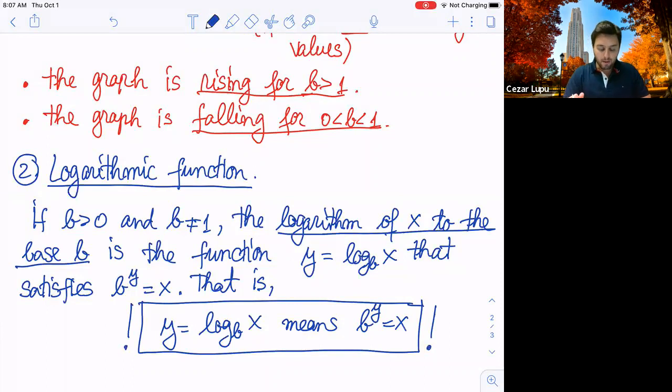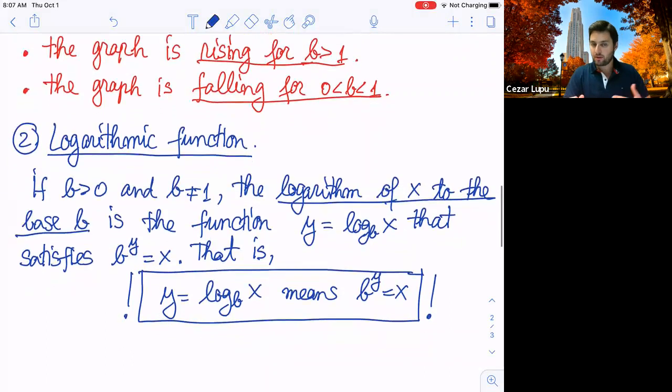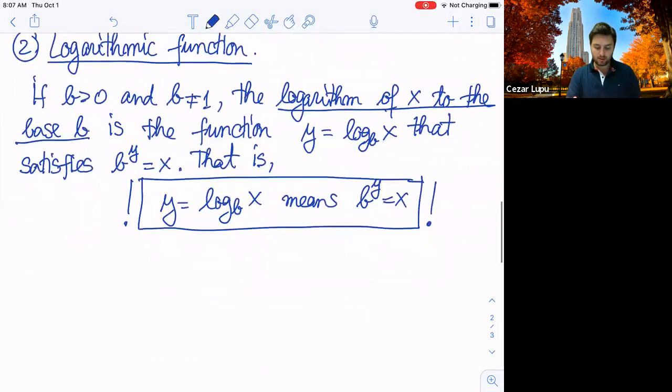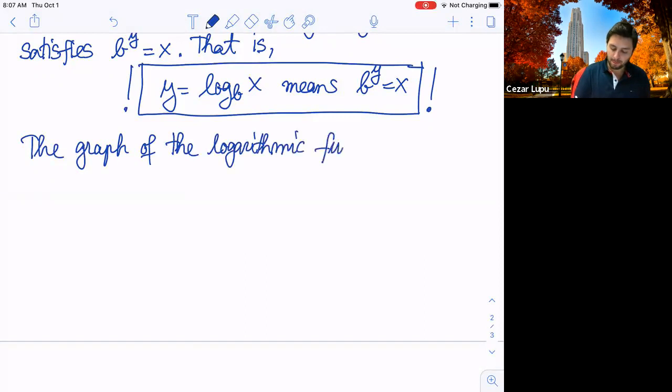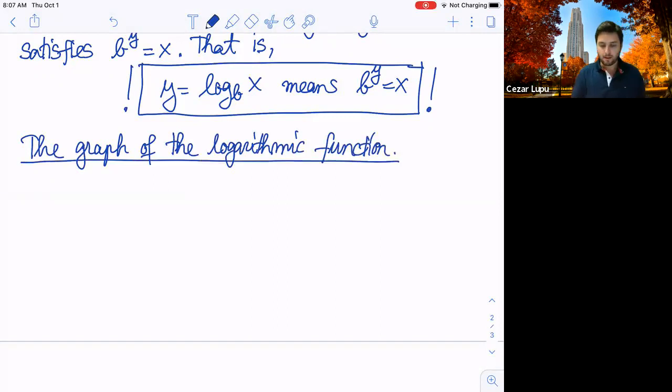Now let's draw the graph, and drawing the graph will tell us a bit more about some of the properties of the logarithm. So the graph of the logarithmic function, when I say logarithmic function, I mean f of x equals log in base b of x.